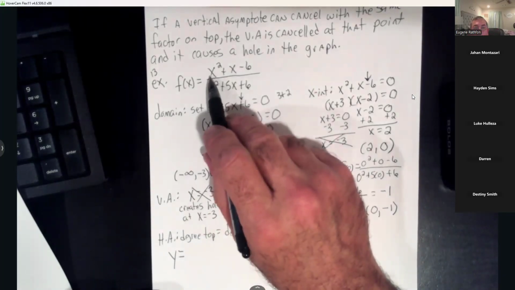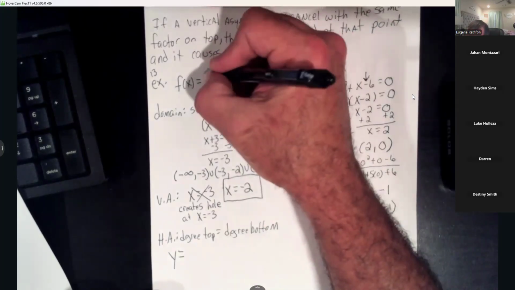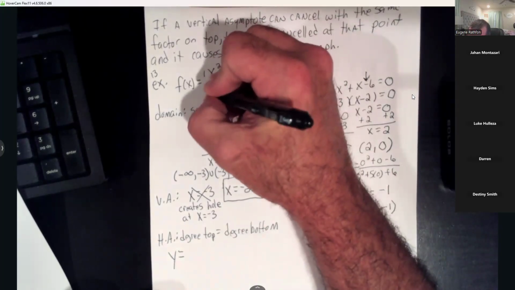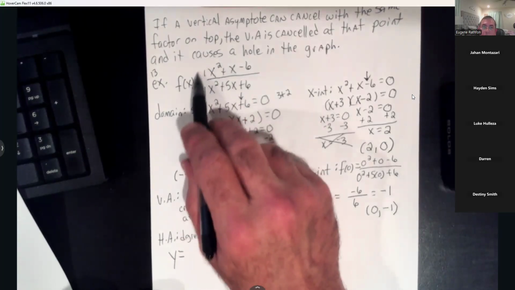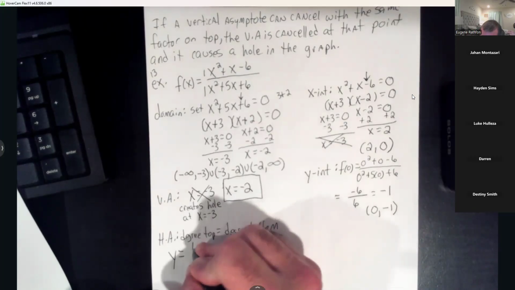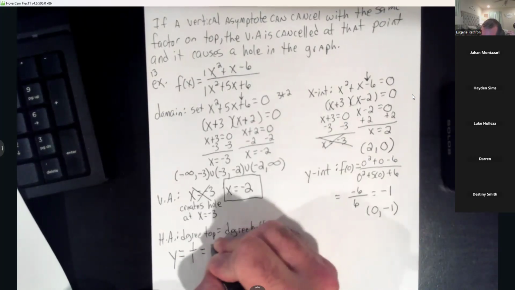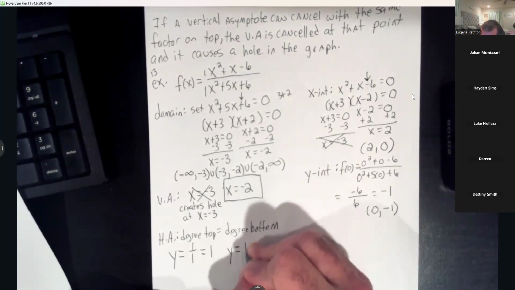Well, y'all, a over b, there's no numbers there. So that would be like a 1x squared on top and a 1x squared on the bottom. If there's no numbers, we put a 1 there. And y'all, 1 over 1 equals 1. So my horizontal asymptote would be y equals 1.